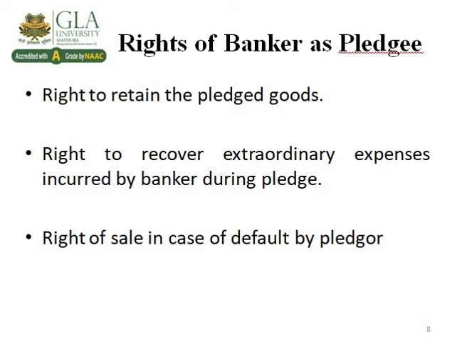If the customer, who is also the pledger, is unable to meet the loan terms and conditions and is not able to repay the loan, then the banker as a pledgee has a right to sell that particular property, goods, or collateral security given against the loan. Right, so these are the rights of the banker as a pledgee.